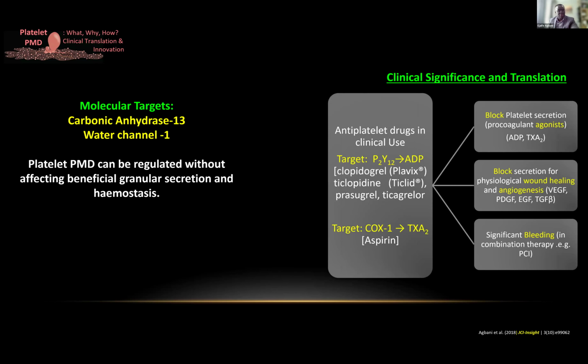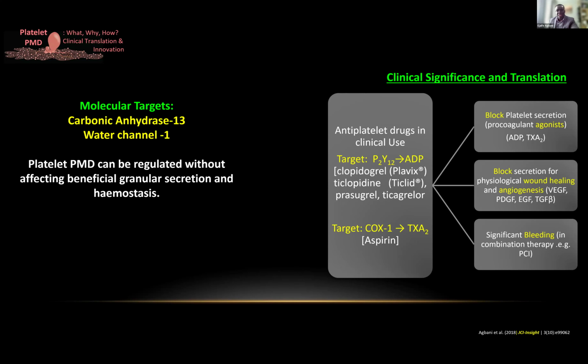If you think about it, we have the current clinical antiplatelets. They target P2Y12 like clopidogrel, or aspirin targeting COX-1, and they ultimately block secretion. So the release of ADP, the release of thromboxane A2. They need to do that in order to do their job.